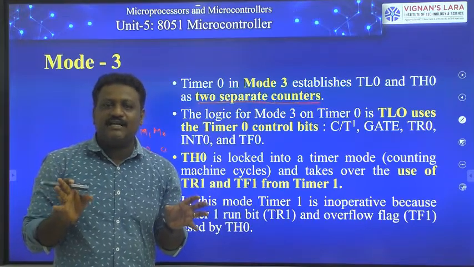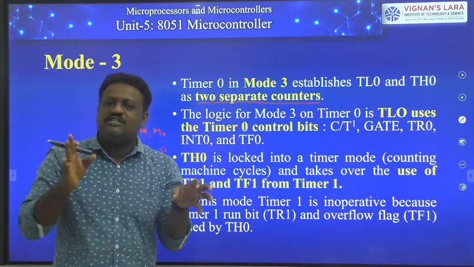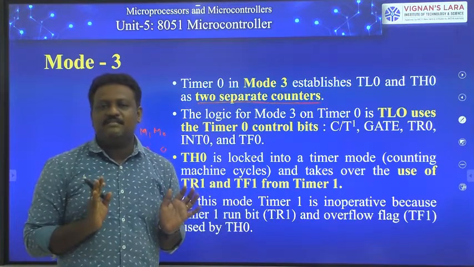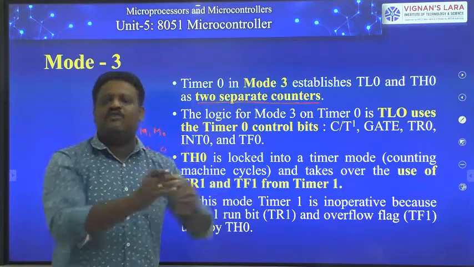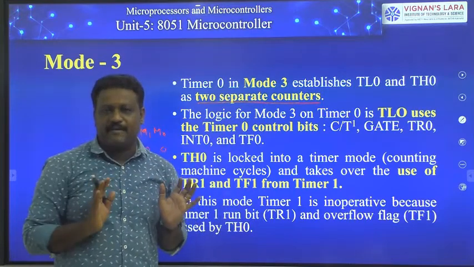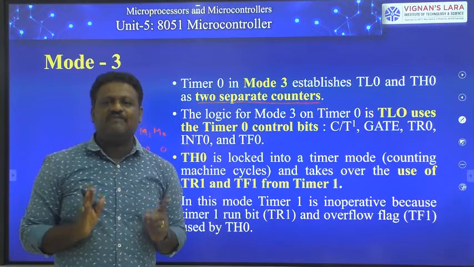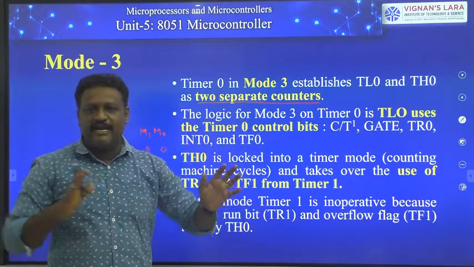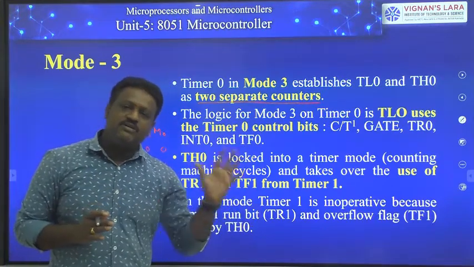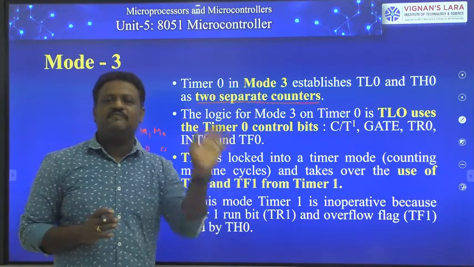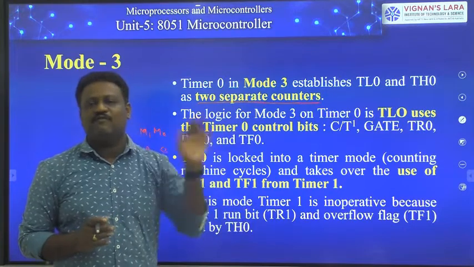So for operation of each timer, I need a run bit to start counting of clock pulses, as well as an overflow flag to identify the overflow condition. In the entire 8051 you have only two timers, T0 and T1. For T0, we have TR0, the timer run bit of timer 0, and TF0, the timer 0 overflow flag.